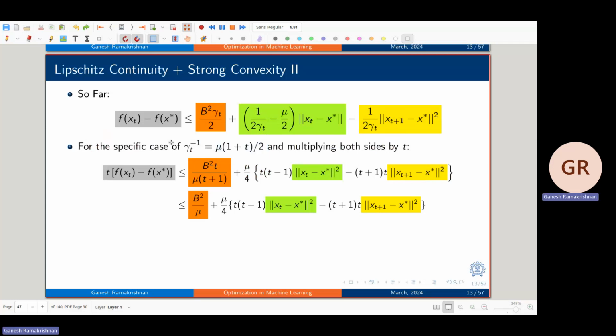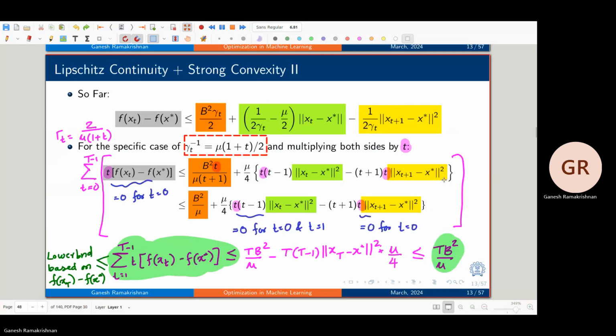Exactly what you said. And multiplying both sides, now you start getting things cancelled out with telescopic summing. So now we are prepared for telescopic summing. You see that successive terms will get cancelled out. Okay, so I've done this for t equals 0 to capital T minus 1. Let's just see, I just superimpose my summation here.